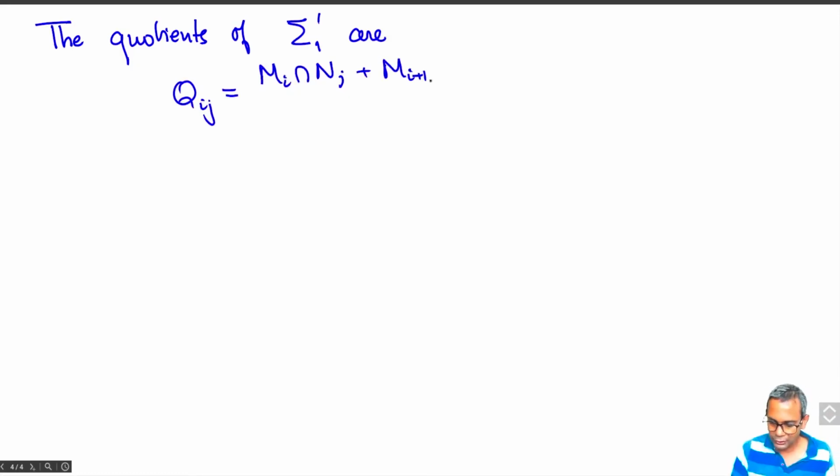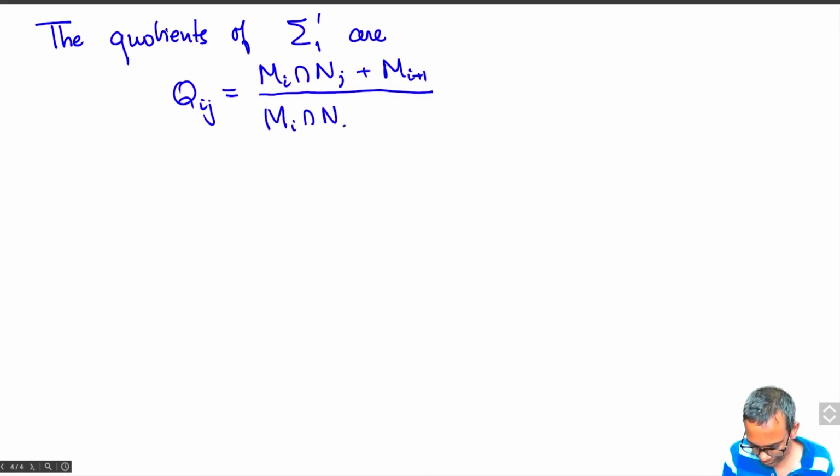That's the ijth term of the series sigma 1 prime. And then we must increase j by 1, because in this the index j is running inside the index i. And so we have Mi ∩ Nj+1 + Mi+1.